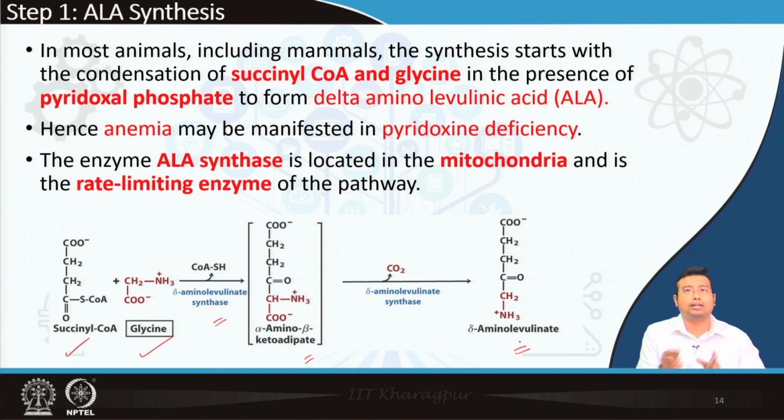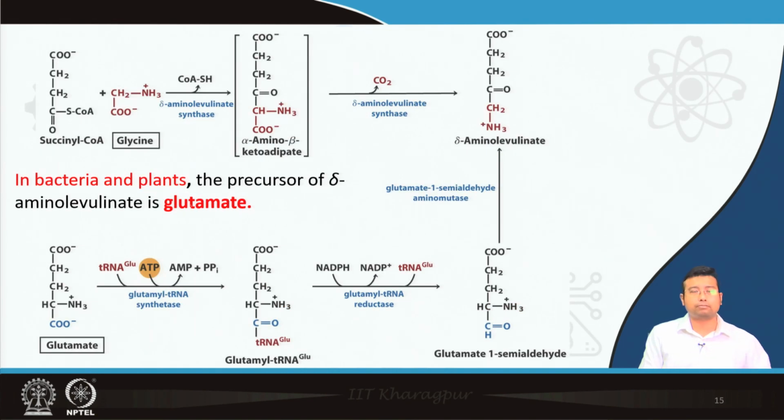So, succinyl CoA and glycine forming ALA, this is also abbreviated as ALA. One very important thing to note is this requires pyridoxal phosphate as coenzyme, and this is the reason why in vitamin B6 or pyridoxine deficiency there will be a defect in heme synthesis and there will be anemia. Okay. This is a rate limiting enzyme. If we control the activity of this enzyme, heme synthesis will be affected, regulated and controlled, right.